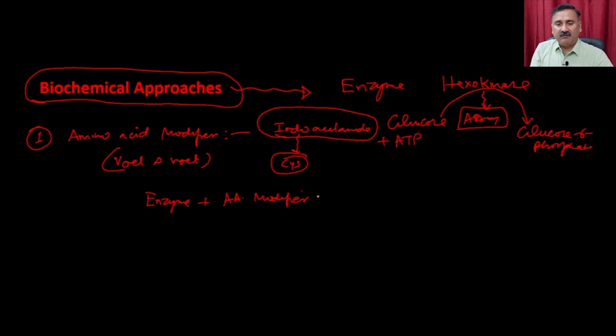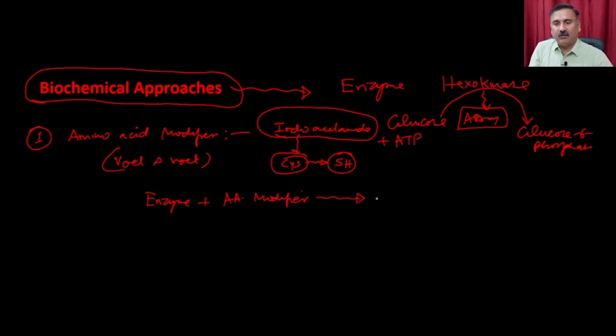Now, what the amino acid modifier is going to do is modify all the functional groups. You remember that cysteine has this SH group, so it is going to modify the SH groups. As soon as the SH group is modified, the cysteine will not participate in the catalysis, right?